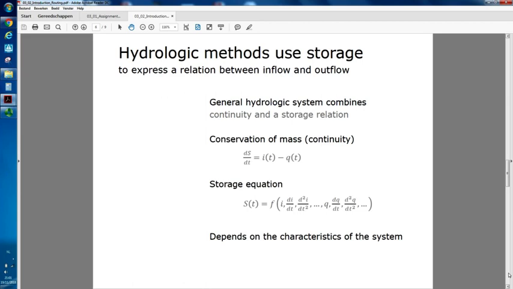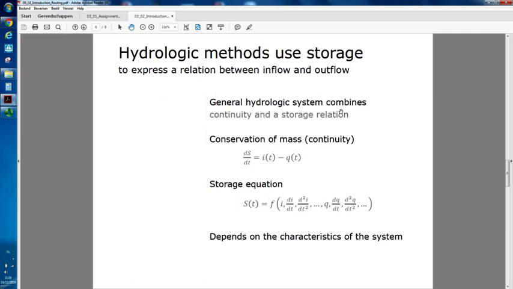What we in general do is that we start from our continuity equation, which we know already. The change in storage is equal to what comes in minus what comes out. But like in general for the hydrological system, we need an additional equation to solve this conservation of mass, the continuity equation.